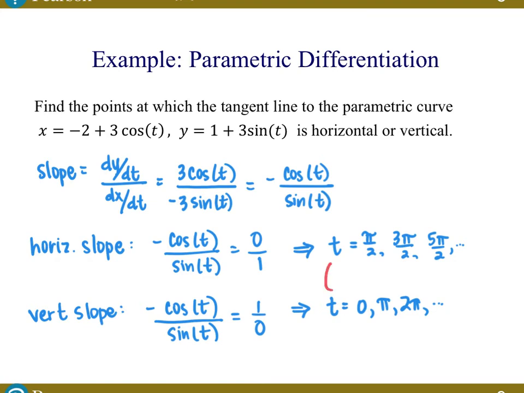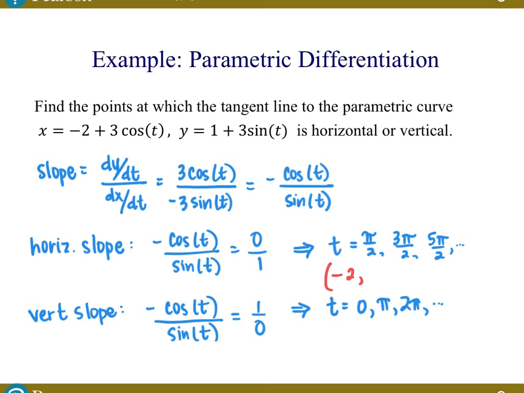So let's find a point for horizontal slope. If I plug pi halves into the x value, so the time at pi halves, I'll get negative 2 every single time. And if I plug pi halves, or 3 pi halves or 5 pi halves, into the y value, we're going to have some different values here.